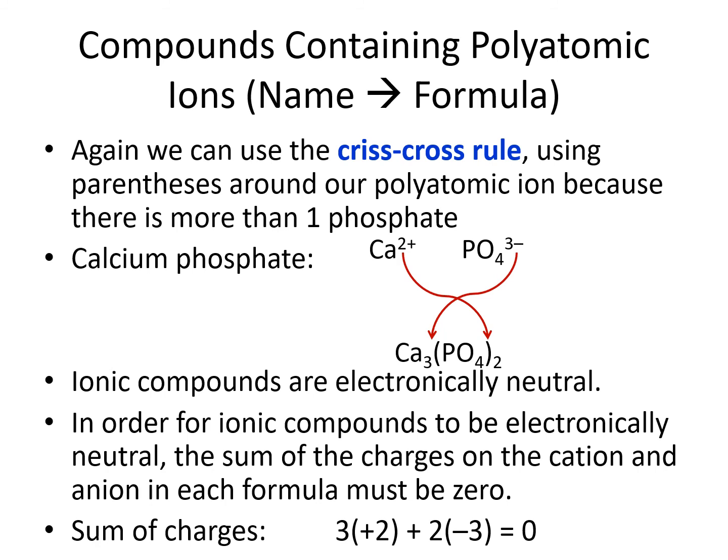Again, the reason why we're doing the crisscross rule is to make sure our ionic compound is neutral overall. We've got 3 calciums, each with a +2 charge, making a +6. And then we've got 2 phosphates, each with a -3 charge, making a -6. Again, +6 minus 6 equals 0.